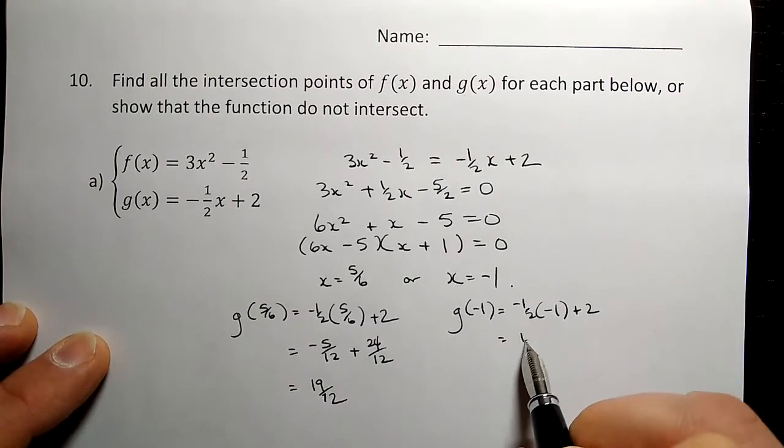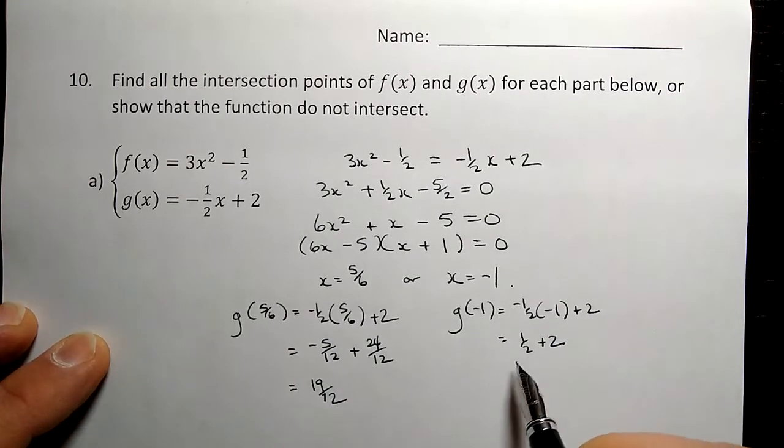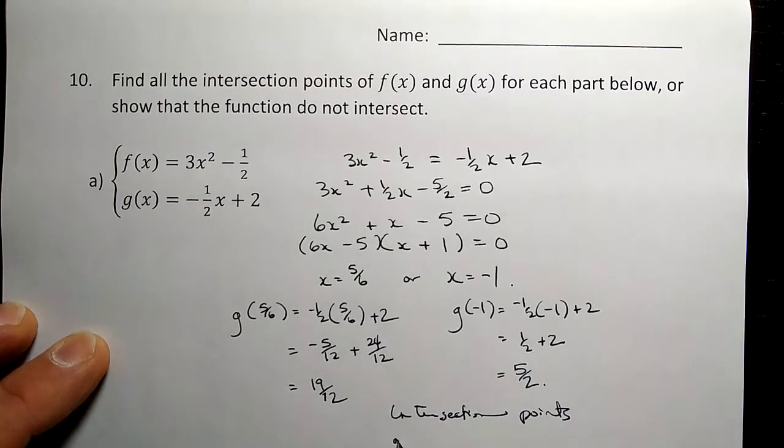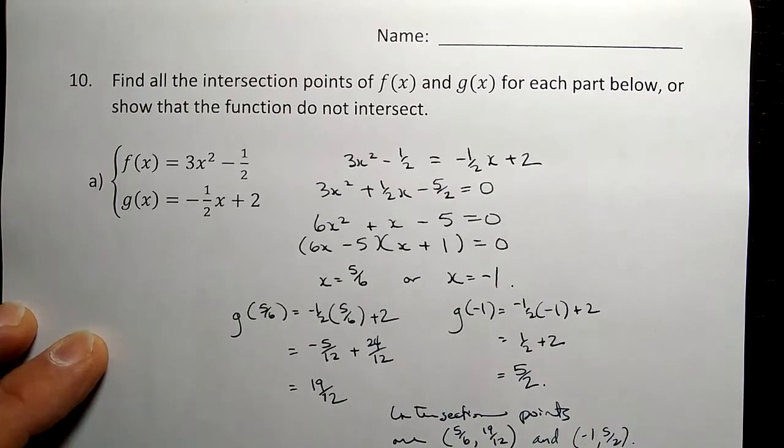That's positive 1/2 plus 2, which is 5/2. So the intersection points are 5/6 and 19/12. That's the first one. And the second one is negative 1 and 5/2.